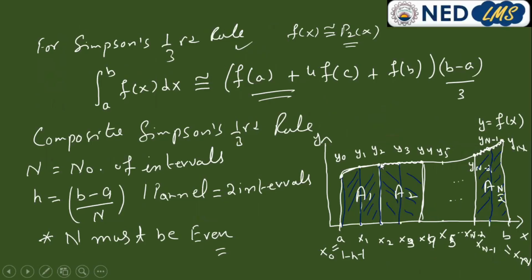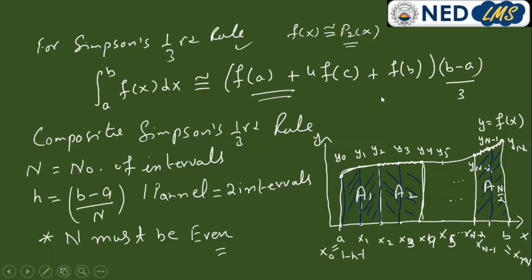Then in the second interval, I have y2, y3, y4, where y2 will behave like f of a, y3 will behave like f of c, and y4 will behave like this quantity. Okay, this is the main part.